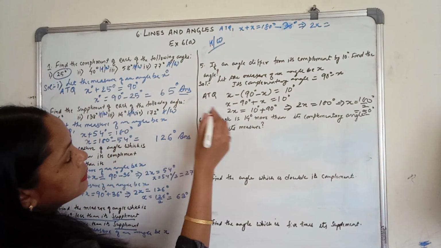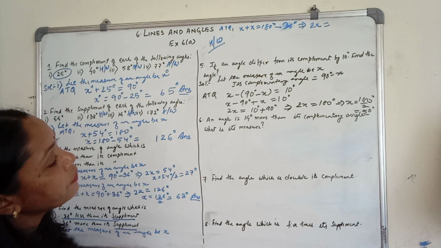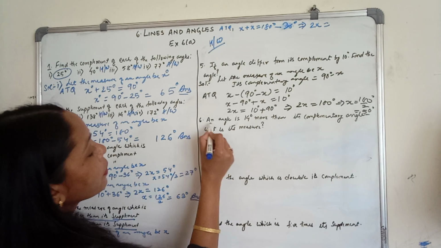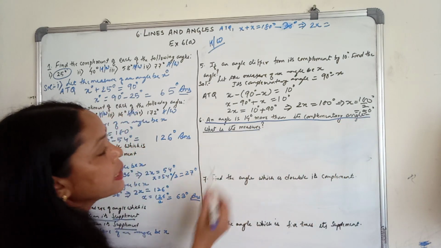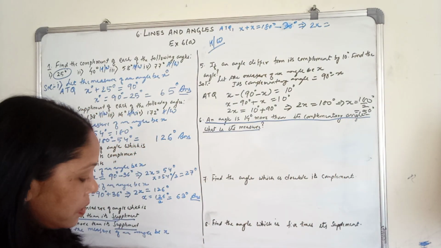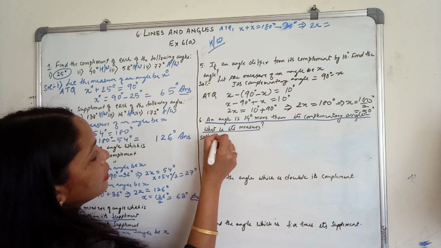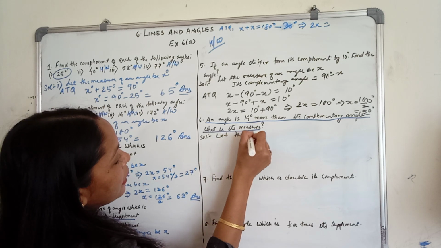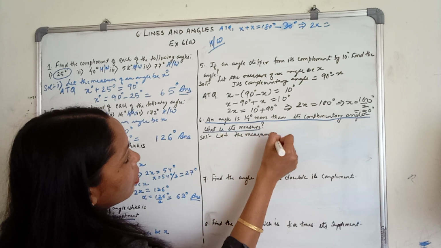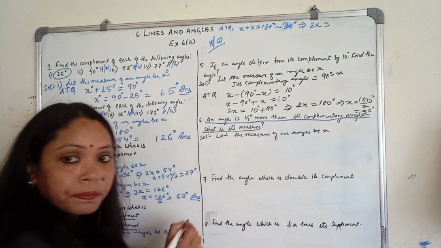Now question number 6. In question number 6, if an angle is 14 degrees more than its complementary angle, what is its measure? So solution. First, let the measure of an angle be x.